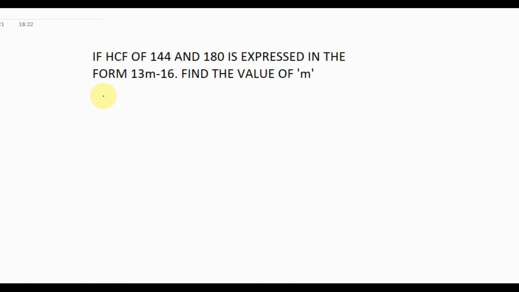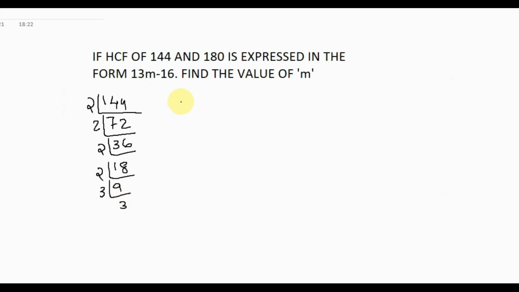So, we can do 144 as prime factorization. 144 divided by 2 is 72, again divided by 2 is 36, again divided by 2 is 18, again divided by 2 is 9, again divided by 3, 3.